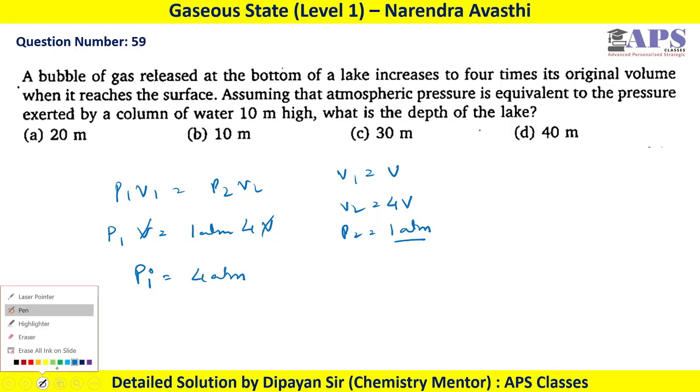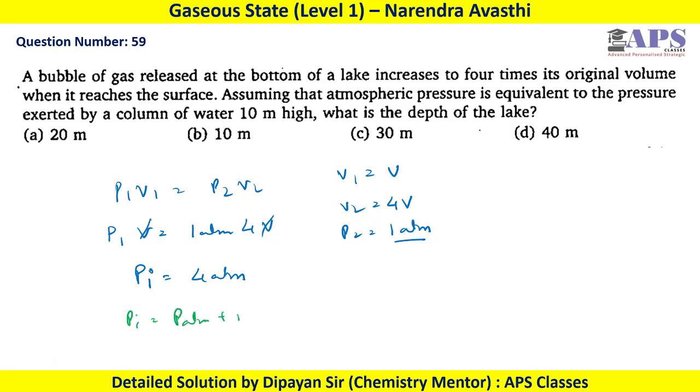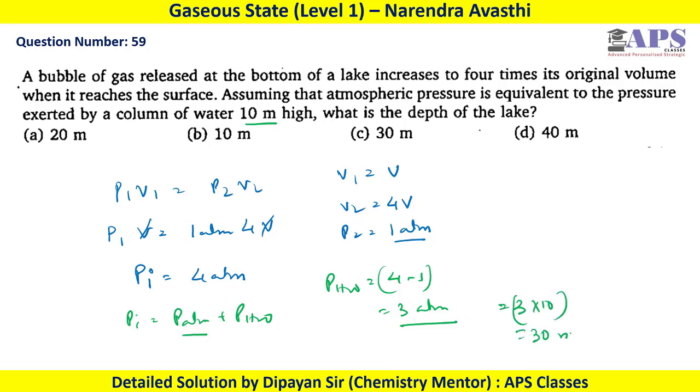But for the initial pressure we have two contributions: atmospheric pressure and the pressure of the water column, and atmospheric pressure is 1 atm. So the pressure of the water column will be 4 minus 1, that is 3 atm, and 1 atm indicates 10 meter of water column height. So 3 atm indicates 30 meter. The depth of the lake should be 30 meter, so option C is the correct option.